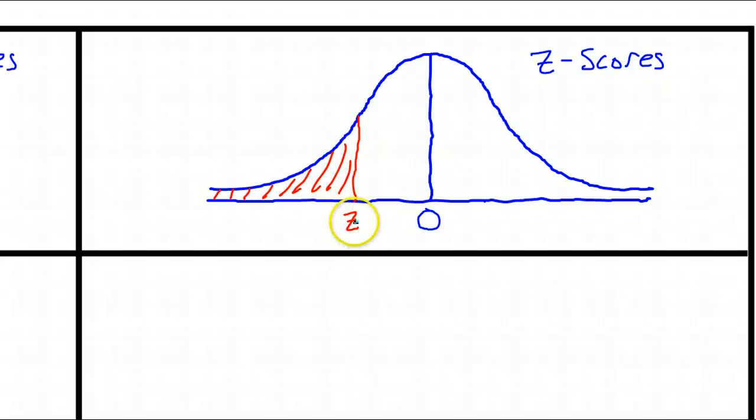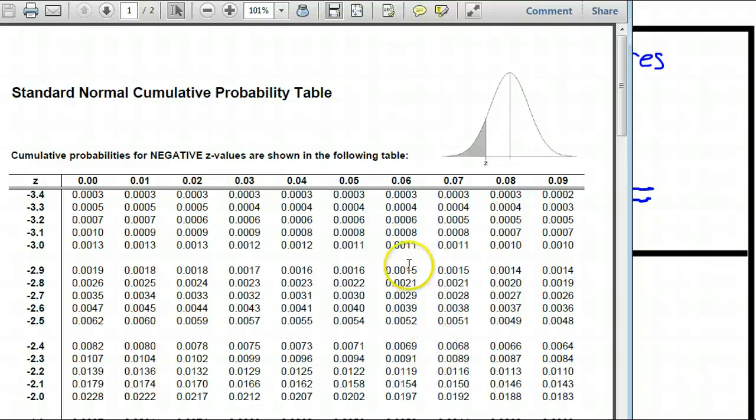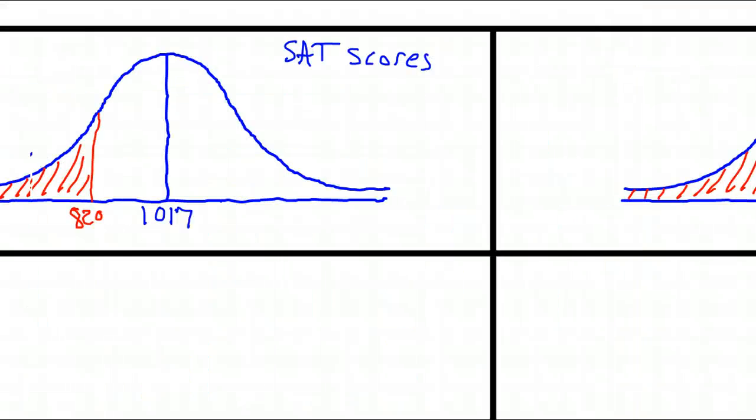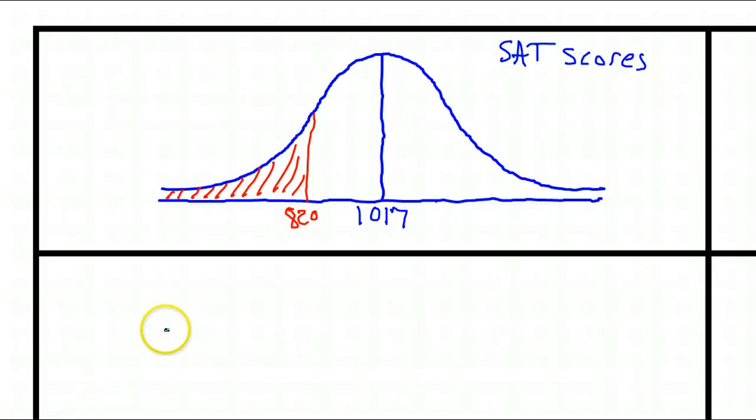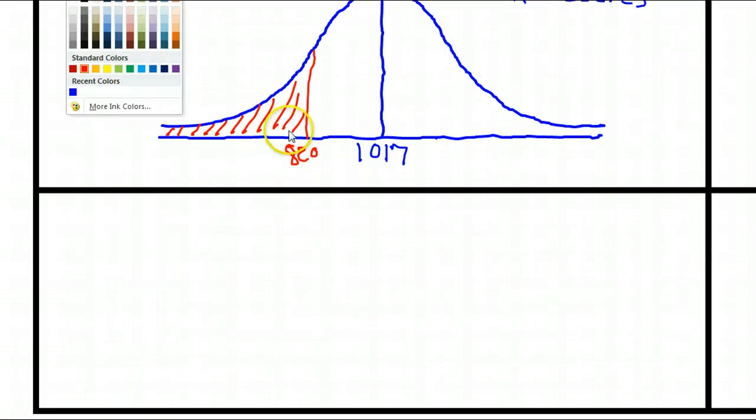So our strategy is first we'll find the z-score, and then we can look up on the chart what percent of the data is to the left of that z-score, because that's what the chart shows us. Now, in this box we'll do our calculations. The first thing we do is convert this 820 into a z-score.